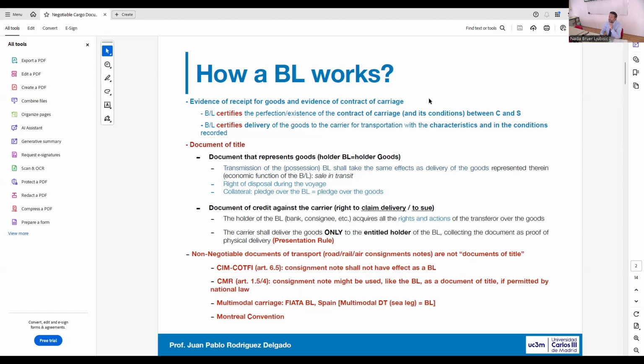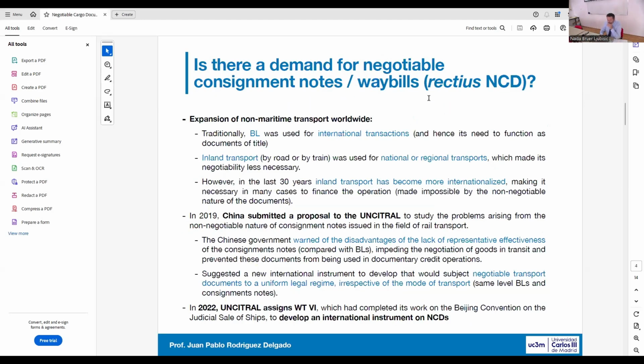Why are consignment notes not documents of title? Because in many cases the law, the convention, says, for example, the CIM COTIF convention says that a consignment note shall not have effect as a bill of lading. So there is an express provision in the convention that the consignment note does not function as a document of title. And the question is, is there a demand for negotiable consignment notes?